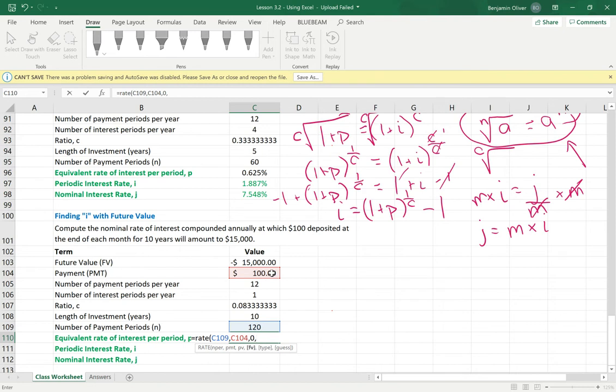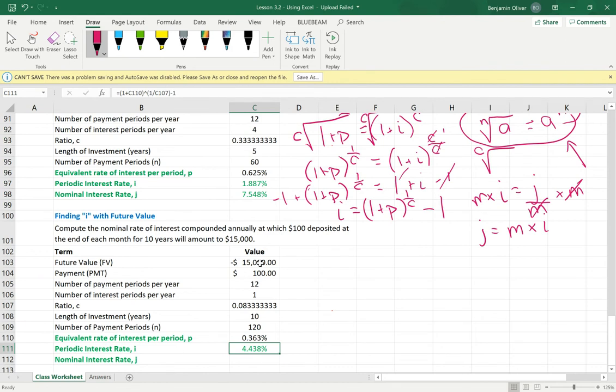Our future value, we do know, okay, so select that, negative 15,000. Our type, it's at the end of the period. It's an ordinary general annuity, so type is just 0, okay? And the last item is if you have a guess. In this case, we don't. You only use those if you have ones that might have large iterations so that Excel doesn't come back with an error, so 0. Okay, and it comes up with an equivalent rate of interest.